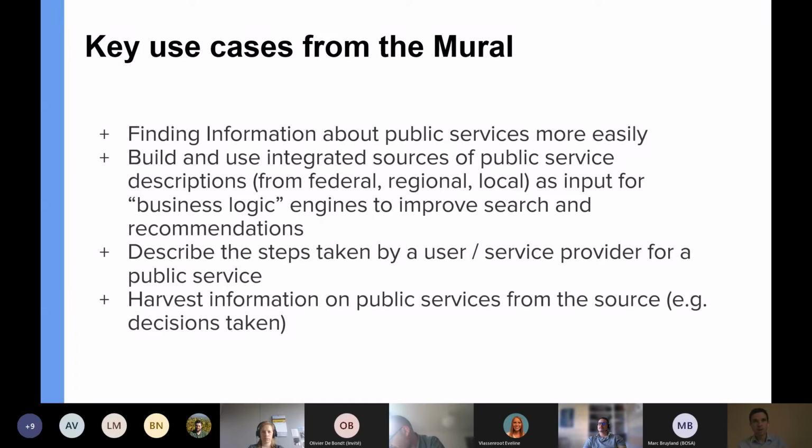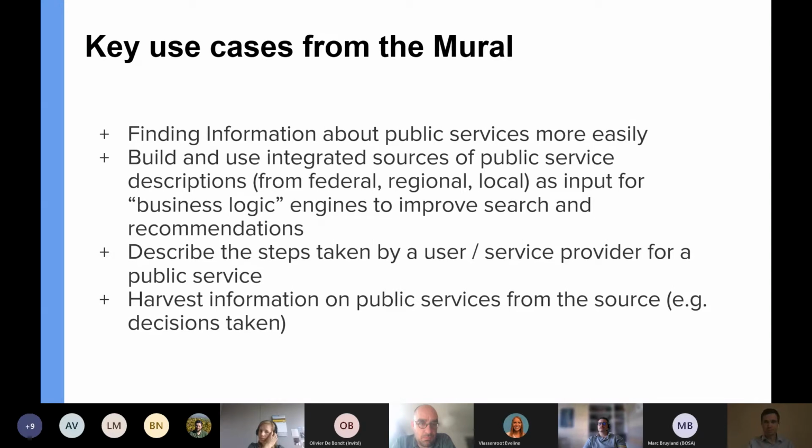So the key use cases we discussed last time concerned, based on the descriptions of my public service, I want to be able to find information easily, or more easily than today. So the access to information is one thing that was mentioned as very important.